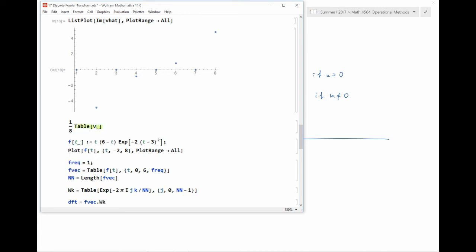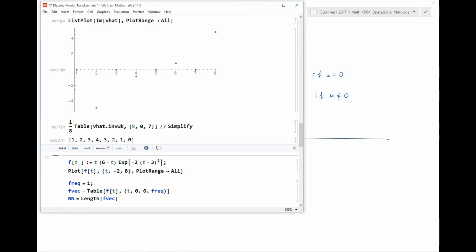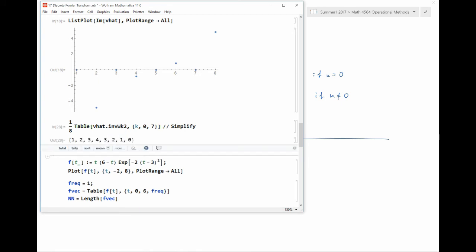We had v hat, and the signal is restored perfectly. And again, if I try to use negative frequencies, I restore exactly the same signal.